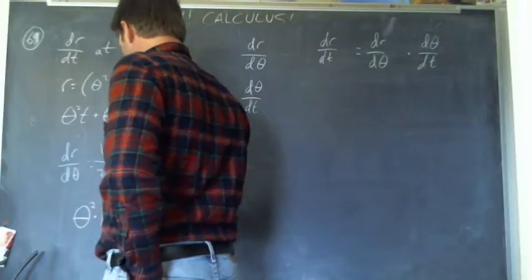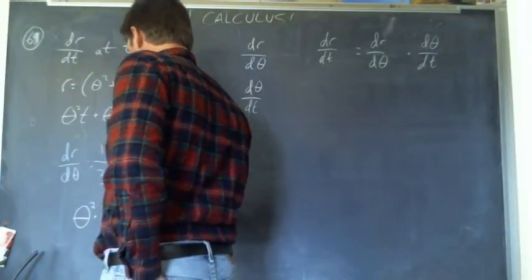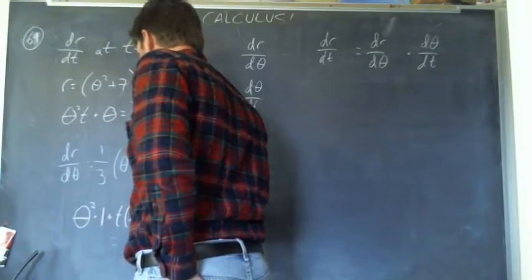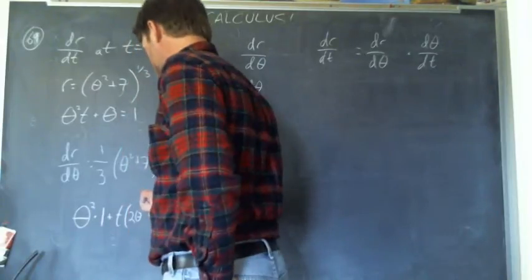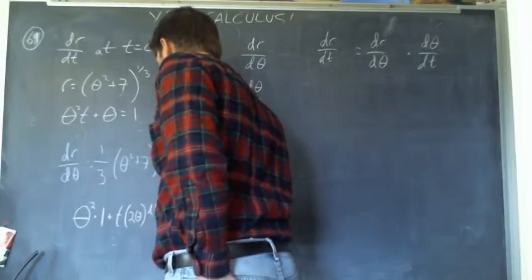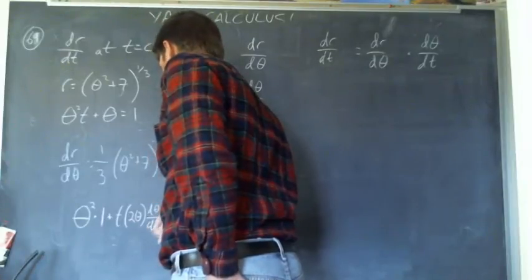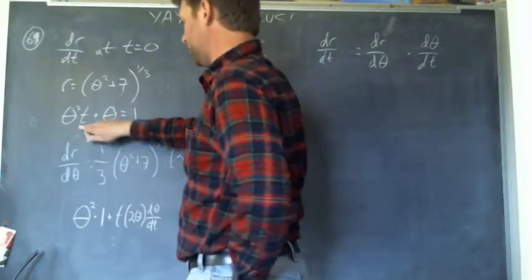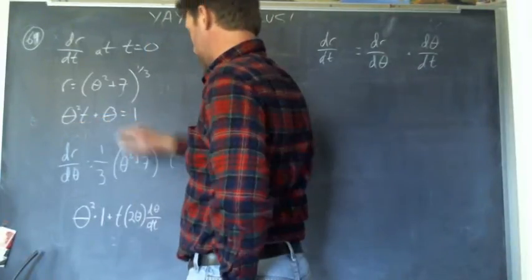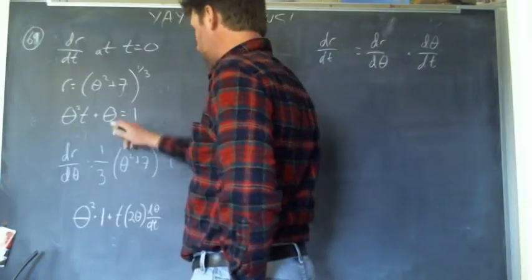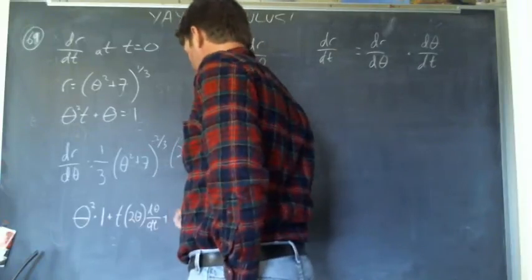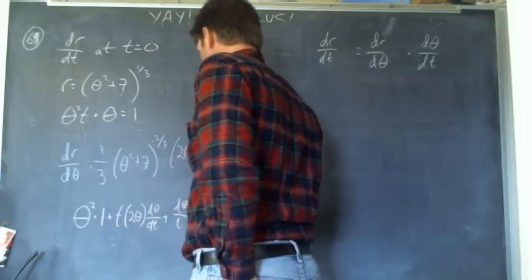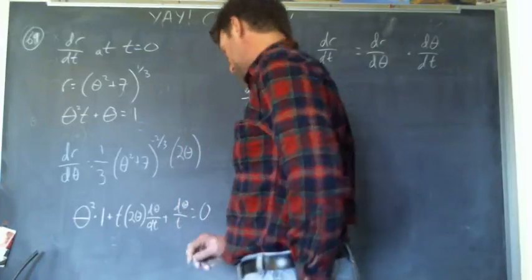First times the derivative of the second, plus the second times the derivative of the first, would be 2 theta to the first d theta/dt. So that's taking care of this product. And then the derivative of theta with respect to t is d theta/dt, and the derivative of 1 is 0.